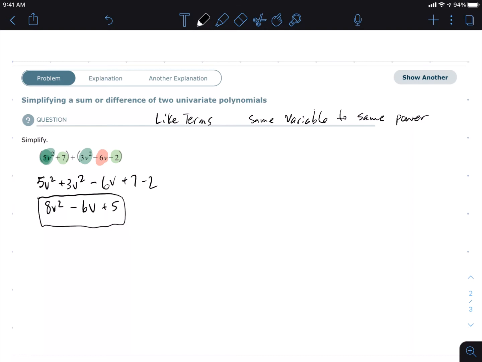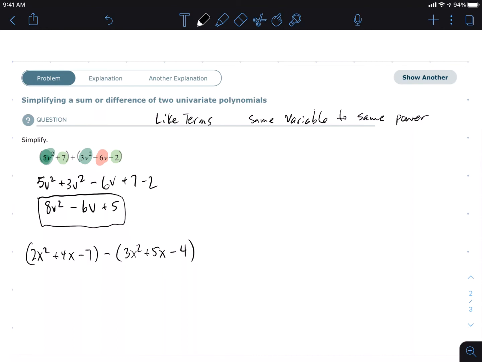All right, so let me give you something like this. 2x squared plus 4x minus 7 minus 3x squared plus 5x minus 4. Now, one thing that's important here: in the other one, because it was adding, I didn't have to worry about signs changing.